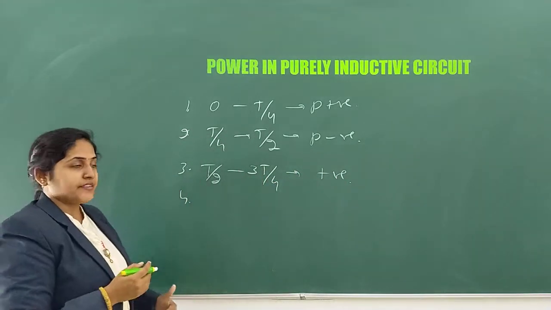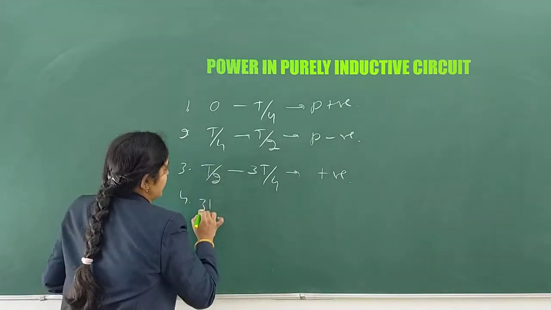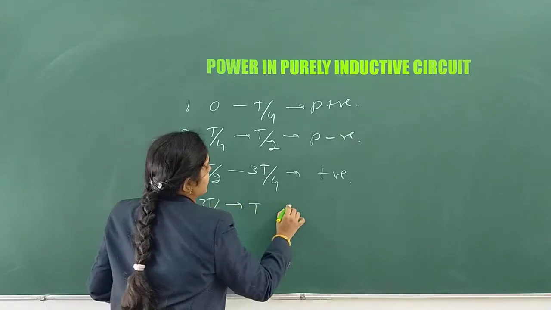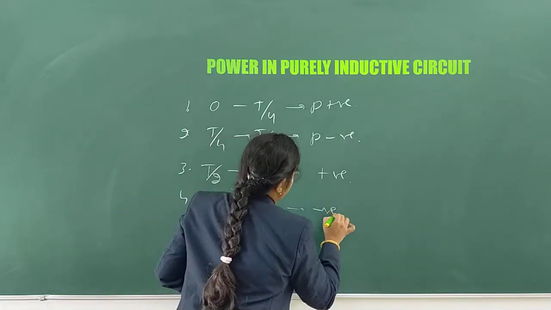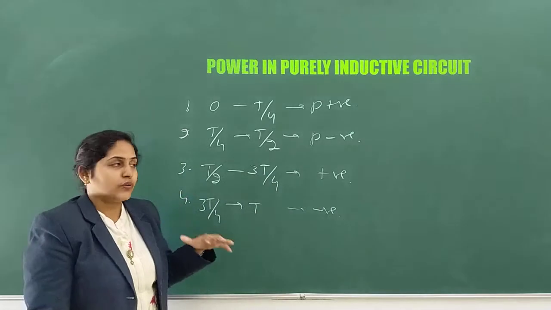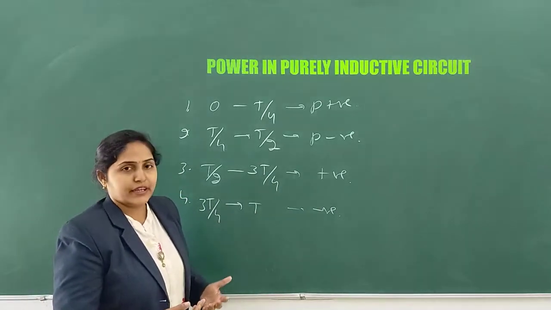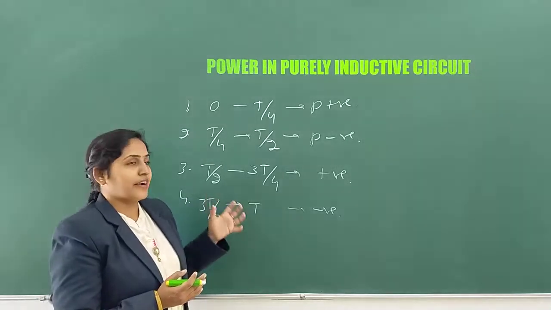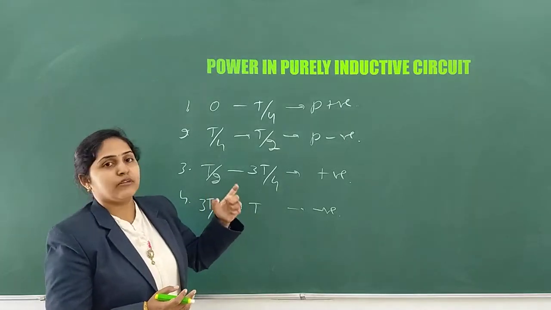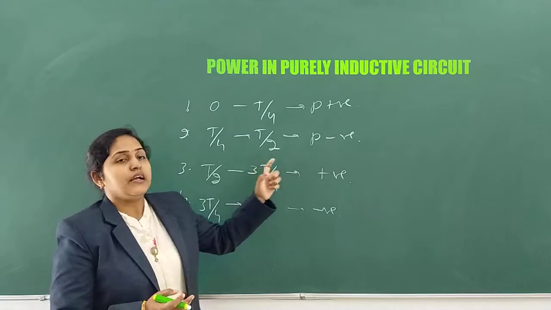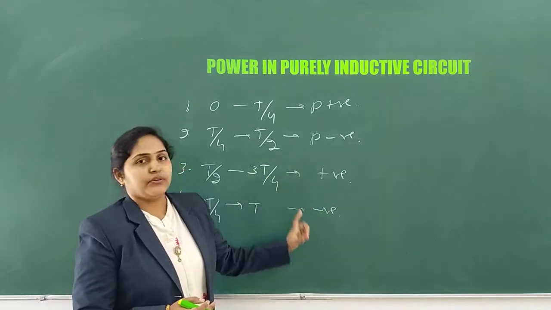And for the last quarter cycle, from 3T by 4 to T, power will be negative. So the value of power keeps varying between positive and negative for the respective quarter cycles: positive for the first, negative for the second, again positive and negative.